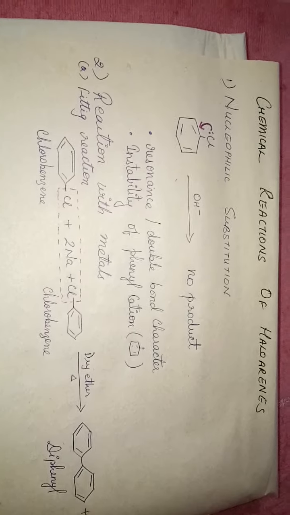Next we proceed with the reaction with metals. The first reaction is your Fittig reaction, where chlorobenzene reacts with sodium metal to give you diphenyl. Clear? This is reaction with metal, and the name of this reaction where diphenyl is produced is known as Fittig reaction.